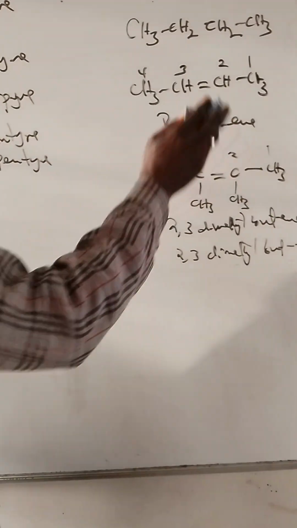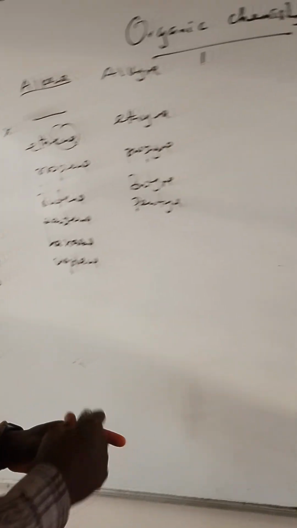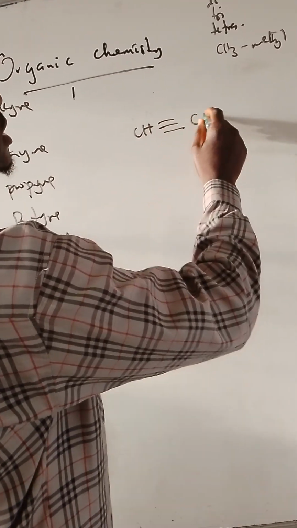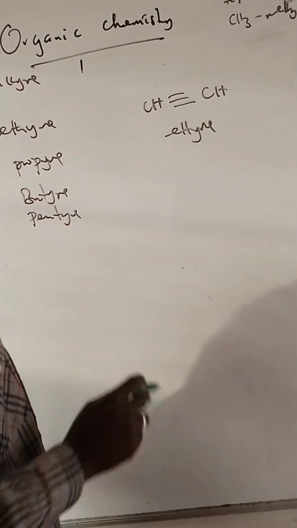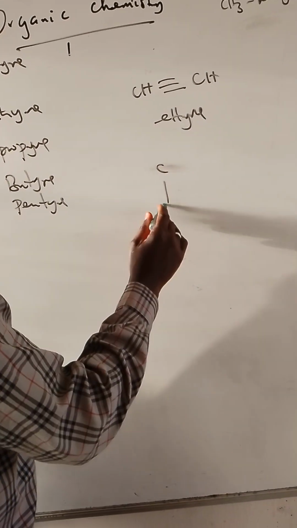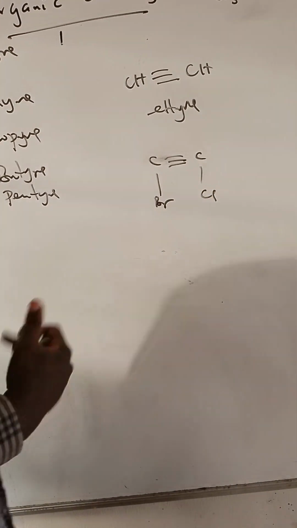We are not done with this. We proceed to the family of alkyne. An alkyne has a triple bond. If you have CH triple bonded with CH, this one is called ethyne. And if you have C with Br, double bonded with C with Cl, how do you call this?